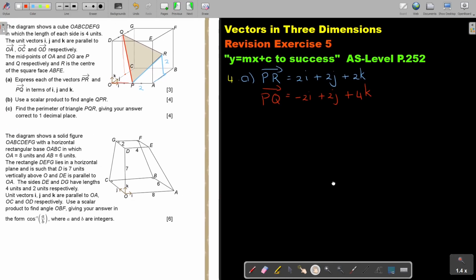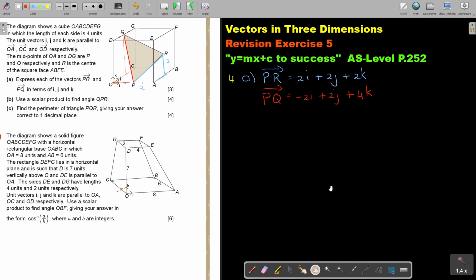But if it's easier for you, you can say, okay, I know that OP is just going to be 2i. I know OQ, where's OQ? Just be careful, it's no i, so it's just 2j plus 4k.